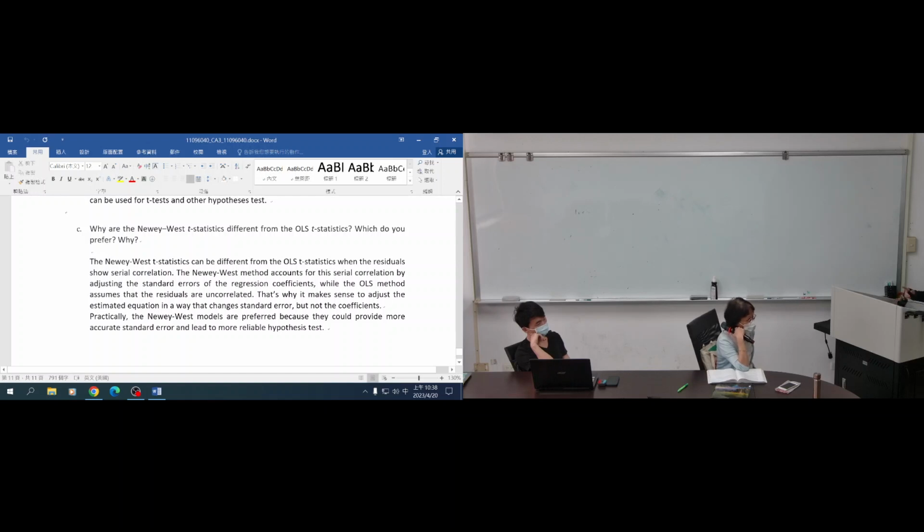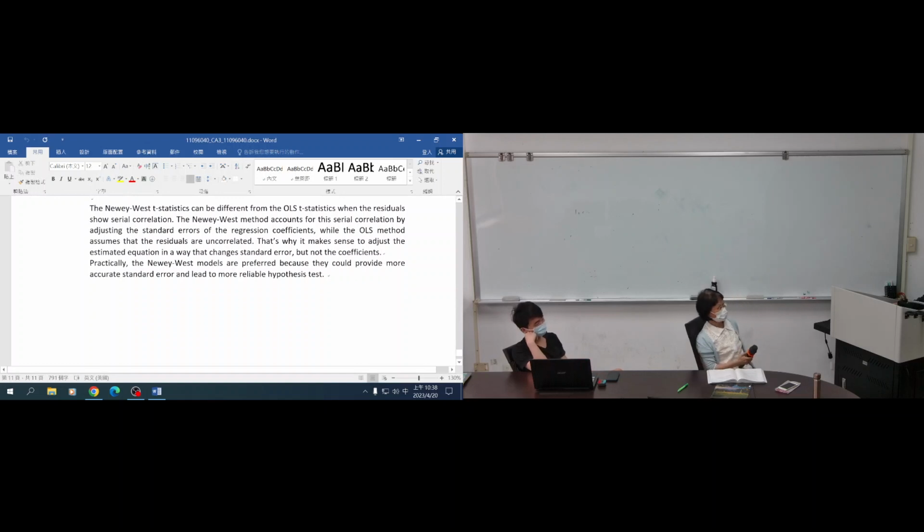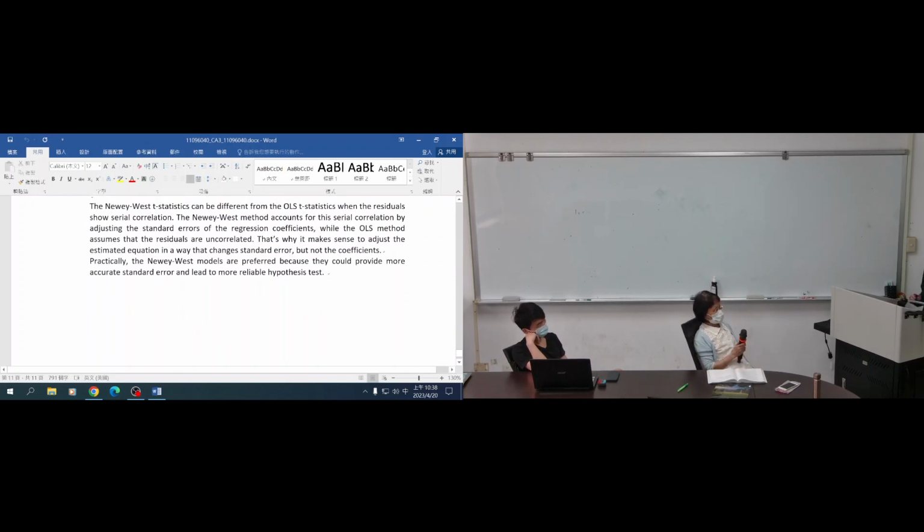That's why it makes sense to adjust the estimated equation in a way that changes the standard errors but not the coefficients. Practically, the Newey-West models are preferred because they provide more accurate standard errors and lead to more reliable hypothesis tests.